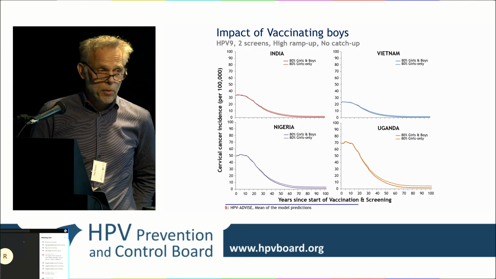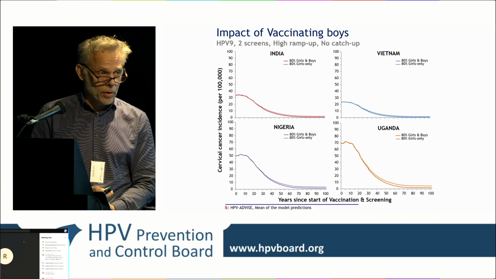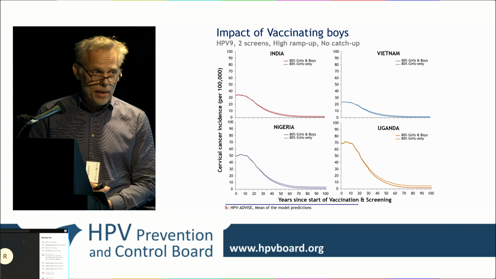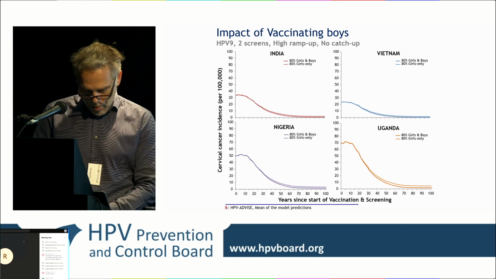And you may remember from then that WHO's position and SAGE recommendation was that primarily the importance is vaccinating girls, 9 to 14. Adding boys adds a very marginal part to prevention of cervical cancer. Of course, the focus on cervical cancer is part of why this answer is like that. So we come to the same conclusion.